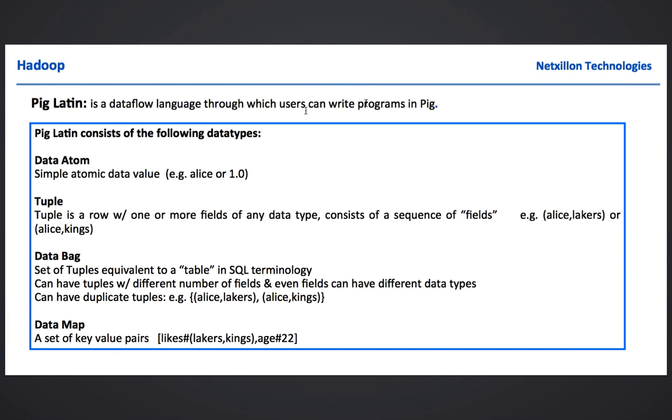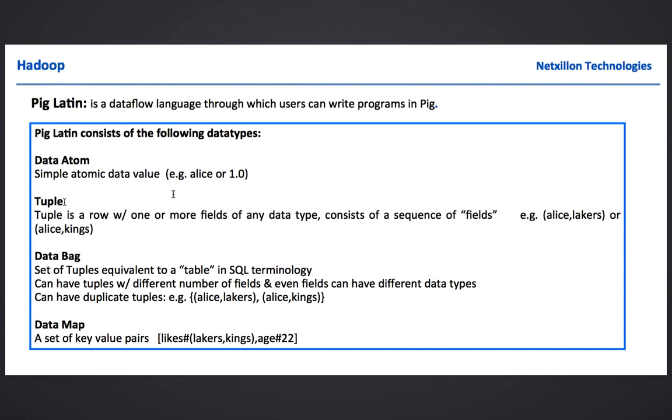When we write a program in Pig, it has some data types, similar to any programming language. It might have an integer, a float, a character, a string. Similarly, Pig Latin also has some data types. The smallest data type is called a data atom. It could be simply an integer, a number, or a character.